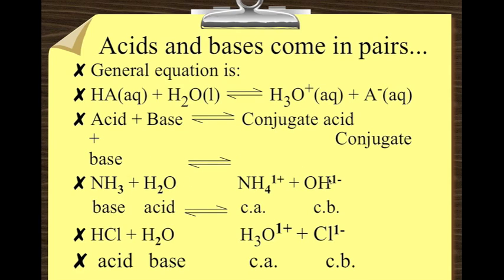Anything that donates a hydrogen is an acid. And we see that acids make conjugate bases and bases make conjugate acids. We see the same thing with hydrochloric acid and water. The hydrochloric acid gives up that hydrogen. We see chlorine's all by itself now. The water accepted it, so acids make conjugate bases, bases make conjugate acids.